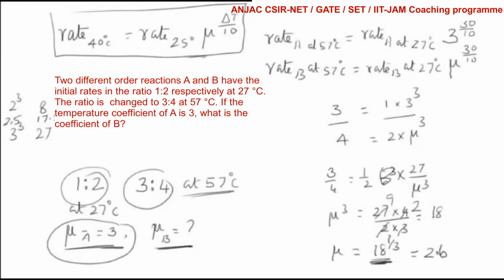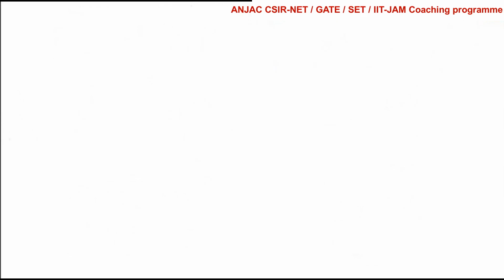The rate constant for a unimolecular reaction was 2.66 into 10 power minus 3 per second and 2.2 into 10 power minus 1 per second at 120 Kelvin and 360 Kelvin respectively.